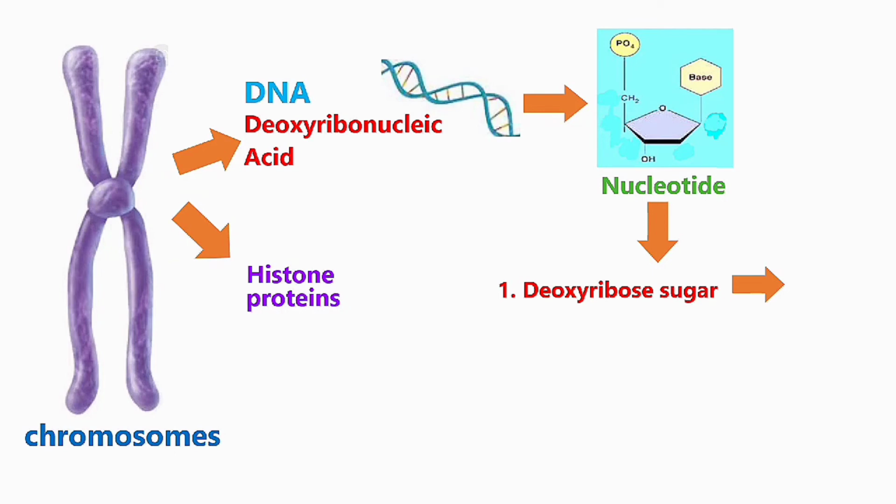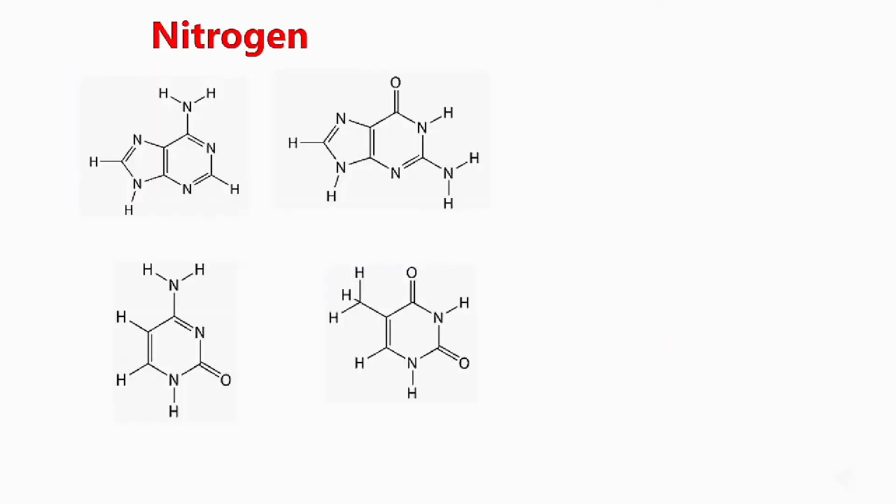Second component of the nucleotide is the nitrogenous base. These structures represent nitrogenous bases. They have a large number of nitrogen elements and also act as a base during chemical reactions. This is the reason that it is called a nitrogenous base.